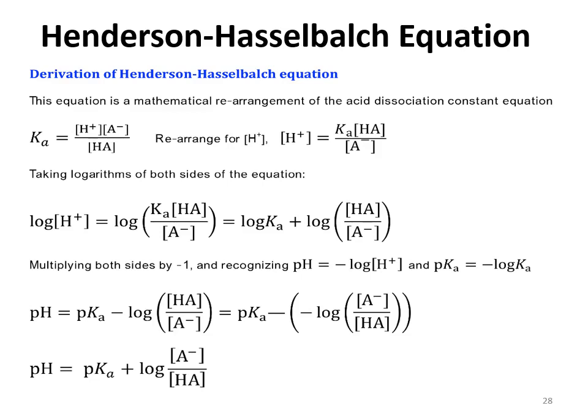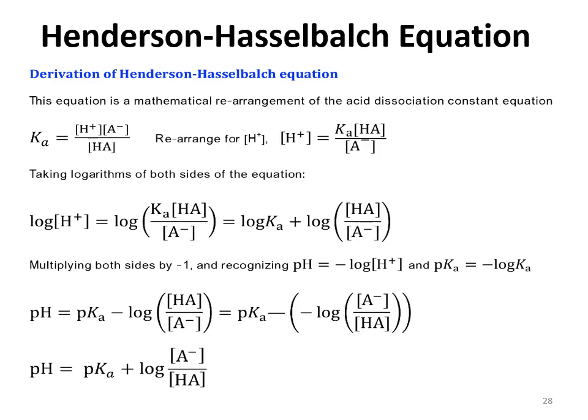Taking logarithm of both sides of the equation, we have log of concentration and log of the remaining equation. Then we multiply it with negative 1, which will show that it will become the negative log of hydrogen ion concentration, which is pH, and the negative log of Ka will be the pKa.